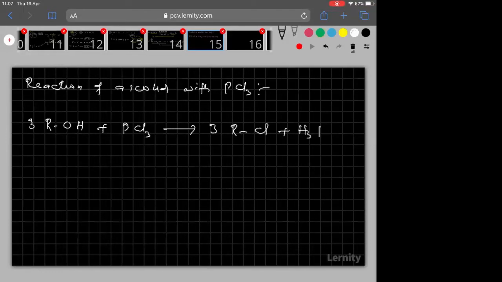Along with that, the product formed is H3PO3. You know H3PO3 is called phosphorus acid. Write the equation, and mechanism is not required for this reaction.